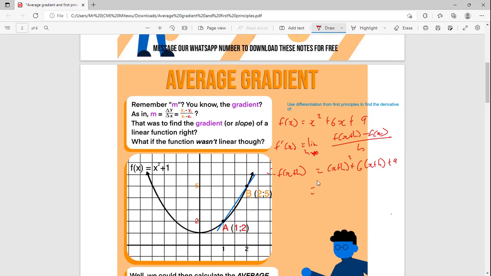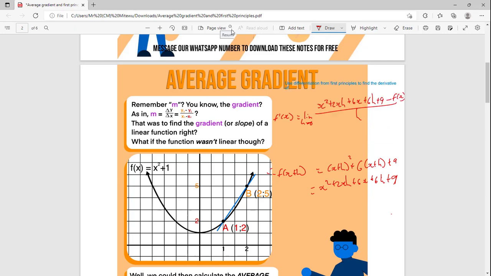So multiply everything out. That'll obviously be x² + 2xh + h² + 6x + 6h + 9. So I've multiplied everything out. See if there's anything you can simplify over here. There is not. So what I then do is take all of this and plug it into the formula.